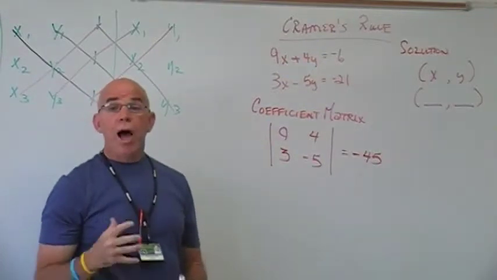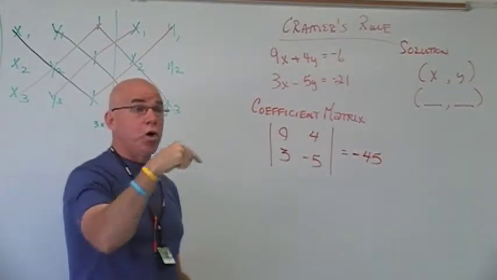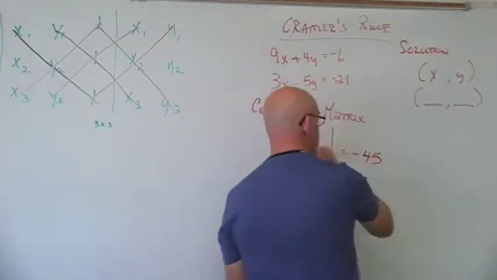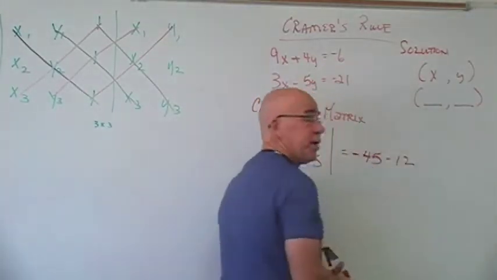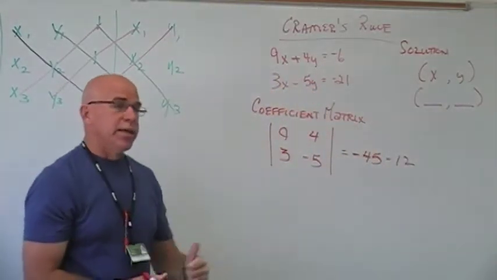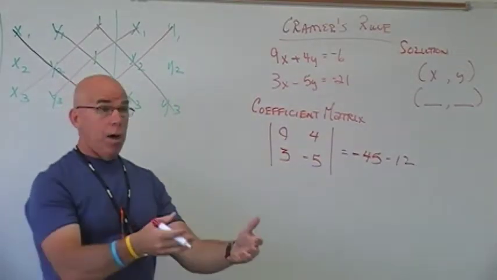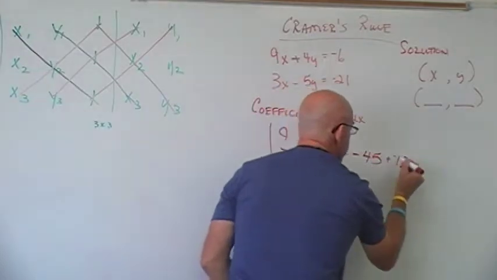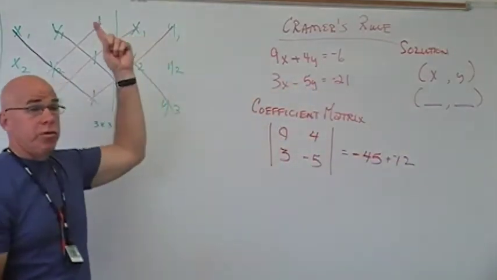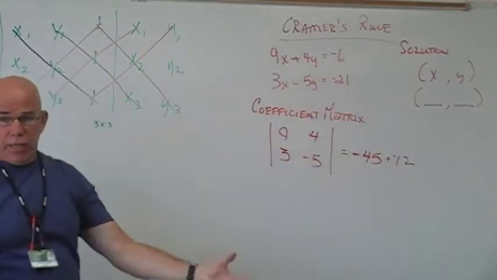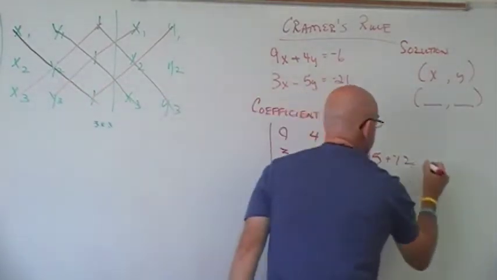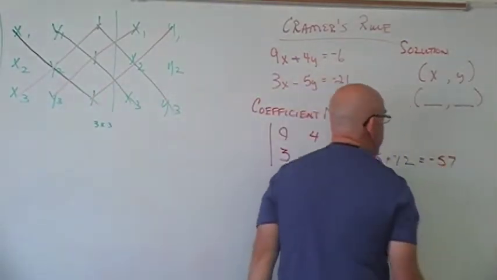Positive 12, and I want to subtract that because it's going that direction. Whatever that number is, I'm going to subtract. Again, Stevenson would say, hey, don't subtract anything. Add opposite. So let's make that negative 12. Signs are the same now. Use the adding rule. I add and stay negative, right? So that's the determinant for that coefficient matrix.